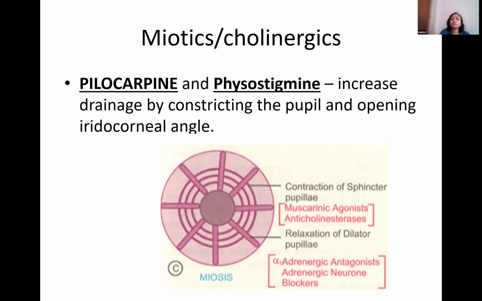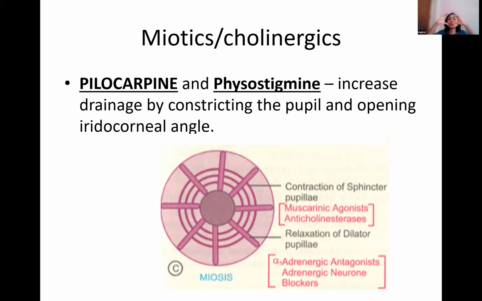You don't have to deal with that here, but I'm just comparing. When it is mydriasis, these radial muscles will be pulling out so that the pupil opens up. Whereas when pilocarpine or miotics are given, the sphincter pupillae, all the circular muscles, will constrict the pupil.